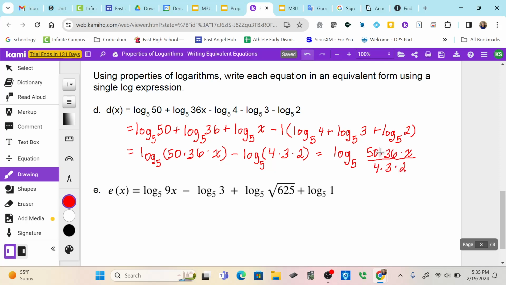The reason I didn't go ahead and multiply things is because I'm going to try to simplify within this as much as I can right now.